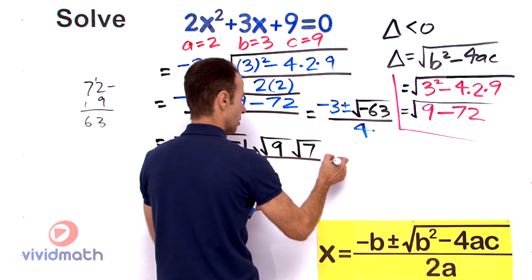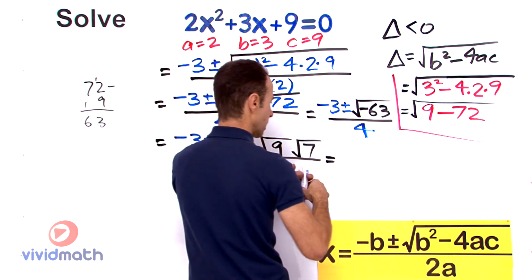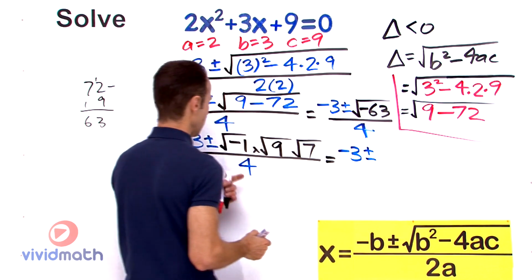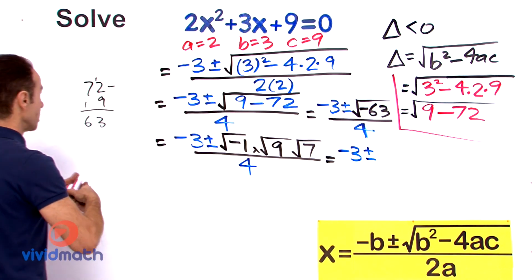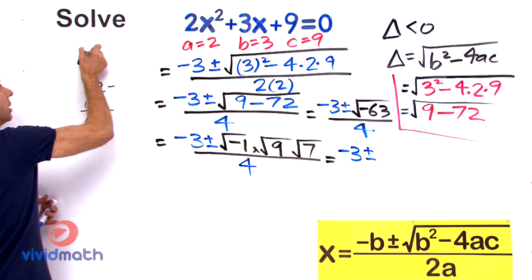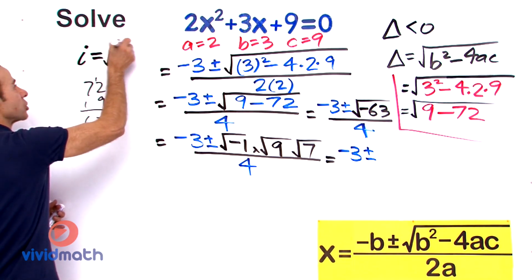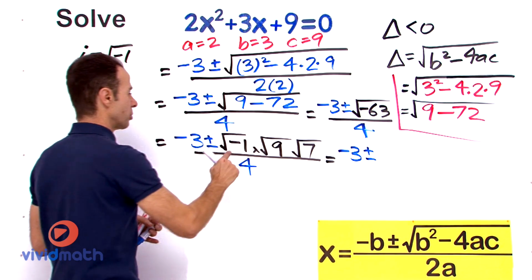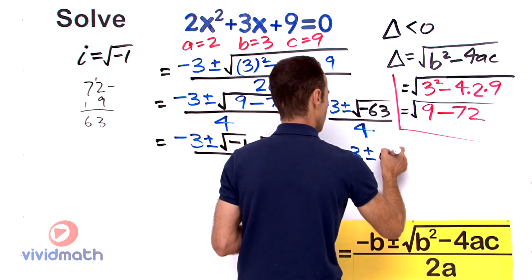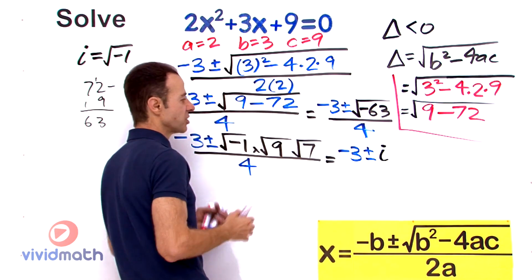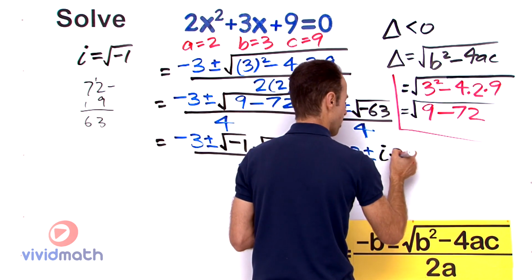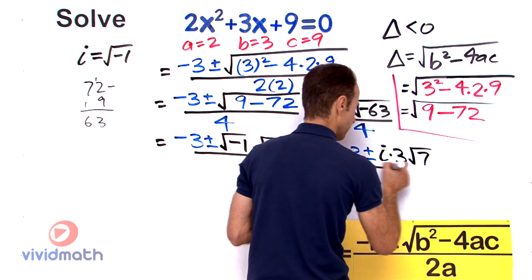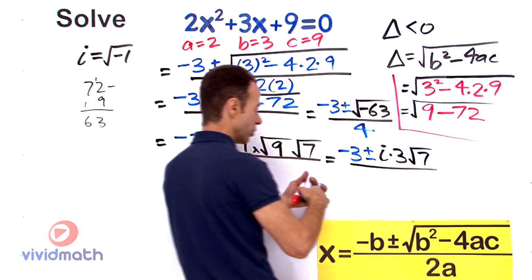Well, what does that equal? Well, that equals negative 3 plus or minus. Now, the square root of negative 1, you might recall, the imaginary unit i is equal to the square root of negative 1. So we can replace the square root of negative 1 with i. So we're going to put an i there. Plus or minus i, square root of 9 is 3, so it's i times 3 times root 7. All over 4. We put it over 4.